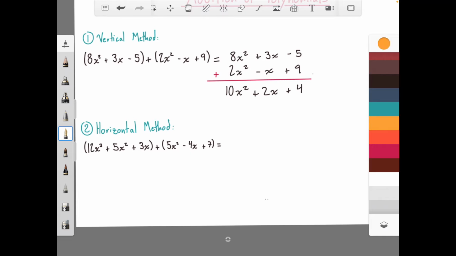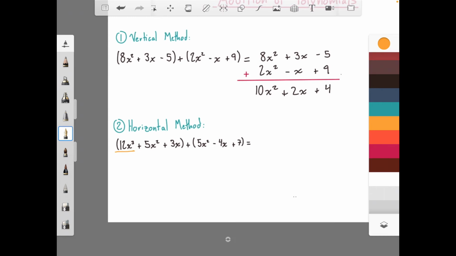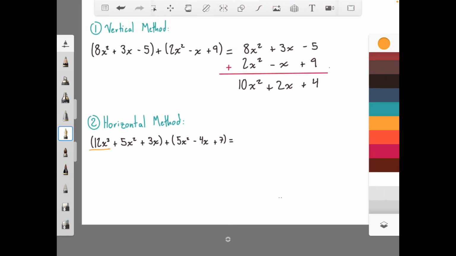Over here we see our variable, that is x, and our exponent, that is 3, and I'm going to underline it using yellow, and there are no others, so we are just going to write it inside this parenthesis, 12x to the third power.